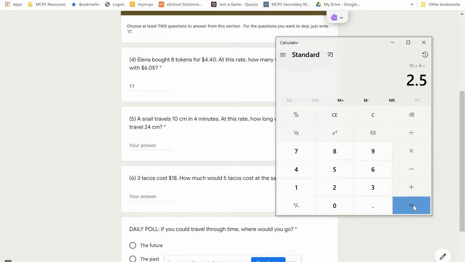So 2.5 per minute. If it takes the snail 2.5 centimeters per 1 minute, that means if I multiply this times 4, I should get 10. So 2.5 times 4 is 10. Perfect.